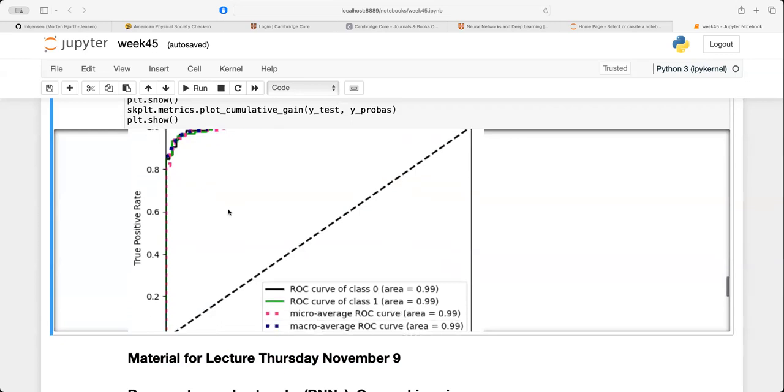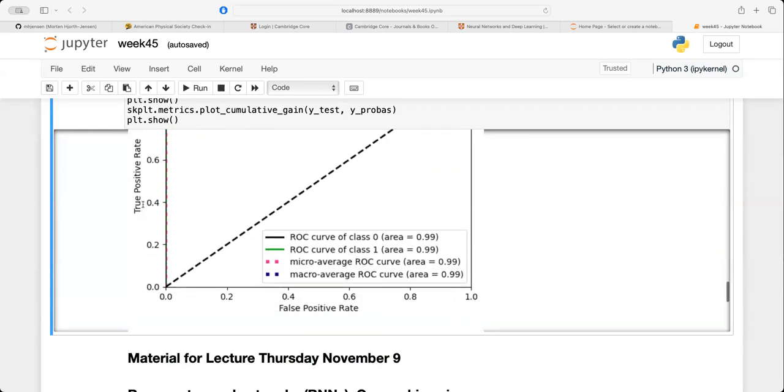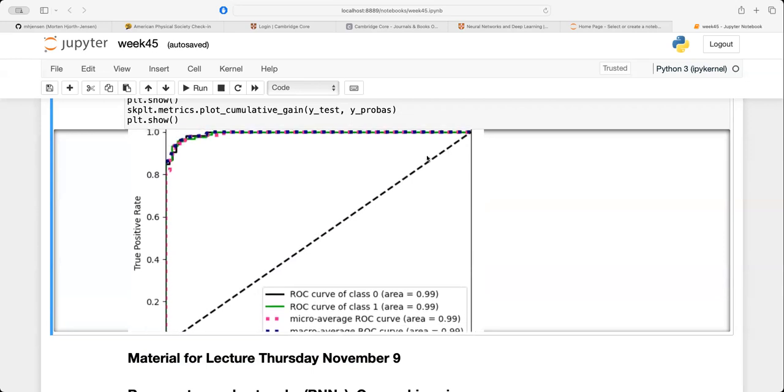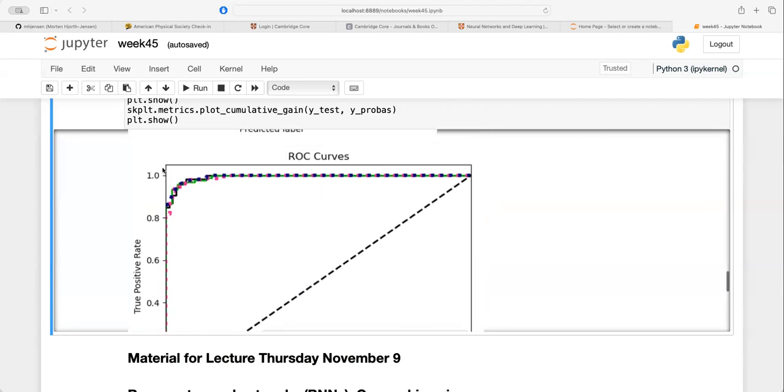This shows you the ROC curve, the true positive rate against the false positive rate. And if you look at the midline here, this is just you performing random guesses. If you toss your coin on a binary case, this is what you would get, the straight line in the middle. So this is random guessing. Ideally, you want to have a true positive rate which is exactly equal to 1.